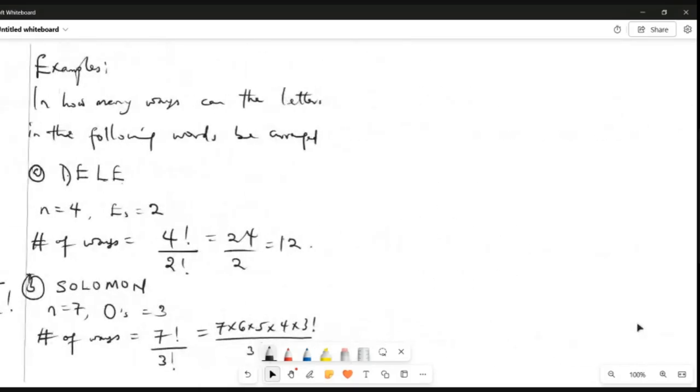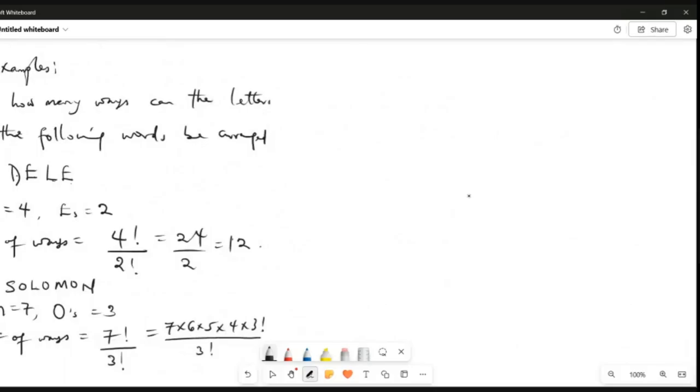Do you get now? When you do that, this 3 factorial can cancel out. So now you have 42 times 20, which is 840. So the number of ways in that case is 840. That's example 2. See now.